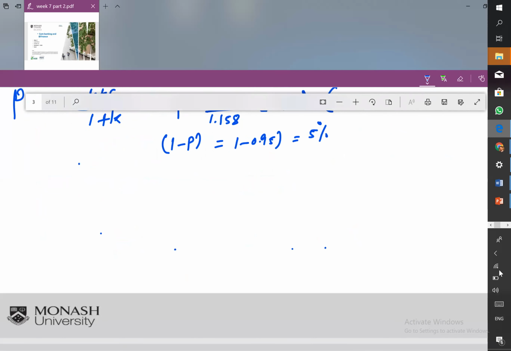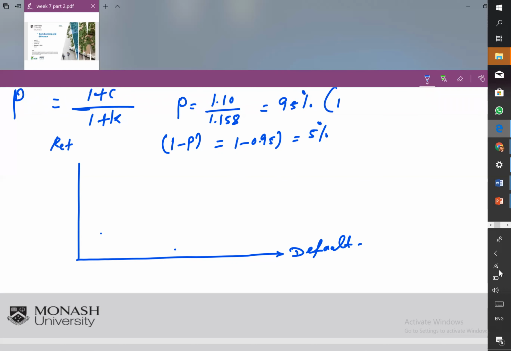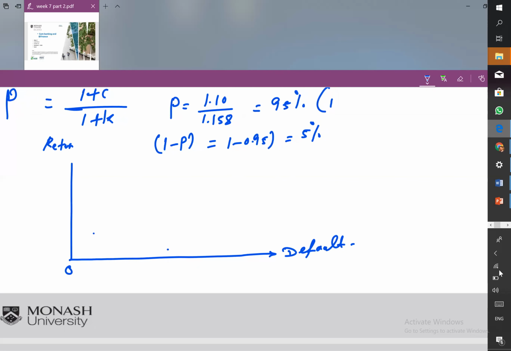For example, if this is the risk, what is the risk now? Our risk now is the probability of defaulting. This is the default, because we are talking about credit risk. And this is actually the return, starting from 0. If I invest in corporates and in risk-free, it will be like this.